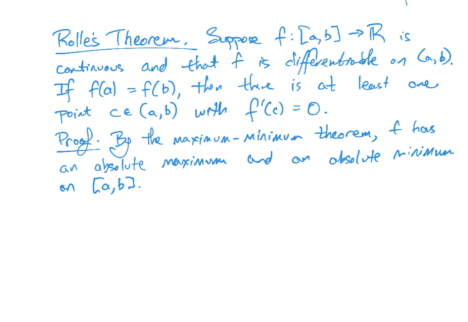Okay. Now, there's kind of two cases here, but we don't really need to split them into two cases, but we'll talk about them here. Could f of a and f of b... Let me write my sentence first.